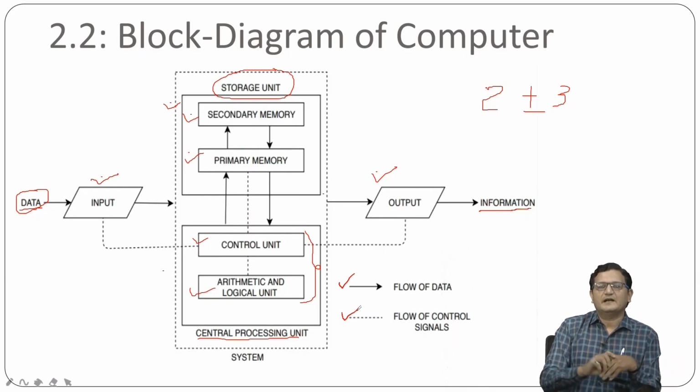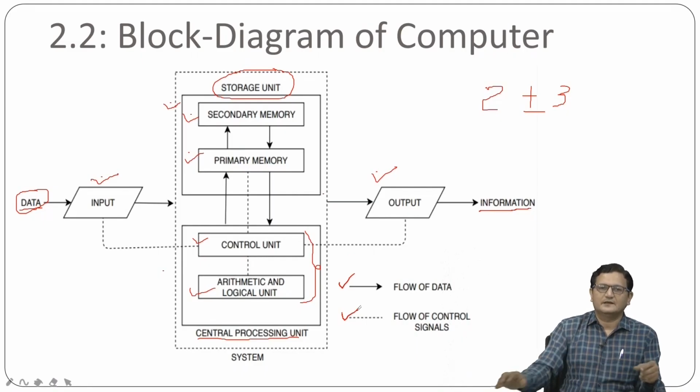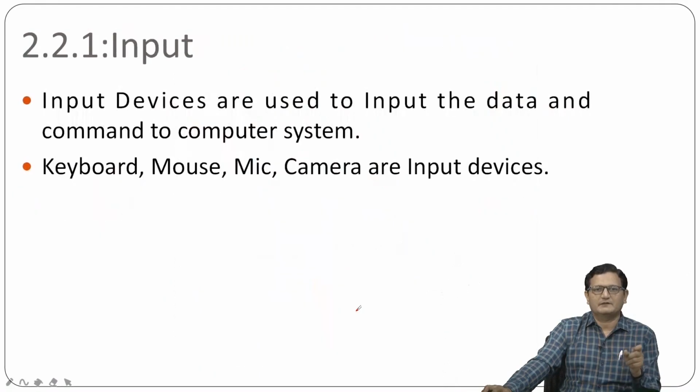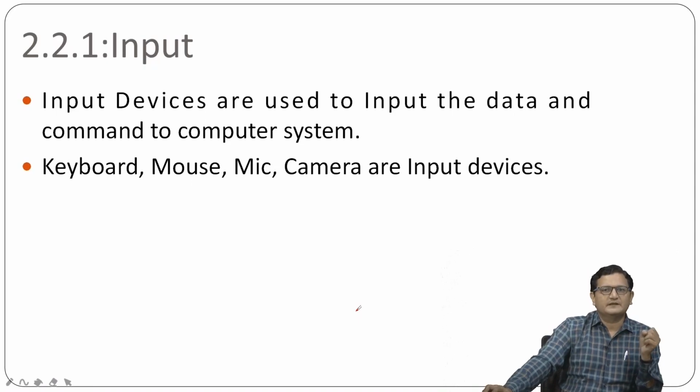So every circuitry, input devices, output devices, all the devices, circuitries placed in the ALU, everything is controlled by the control unit, right? Okay, fine. So now we will go ahead and read what exactly input devices and output devices are.